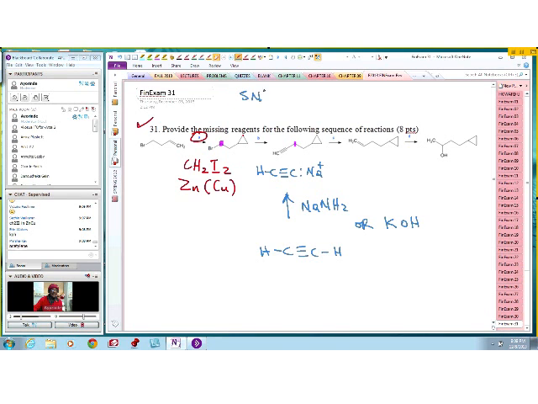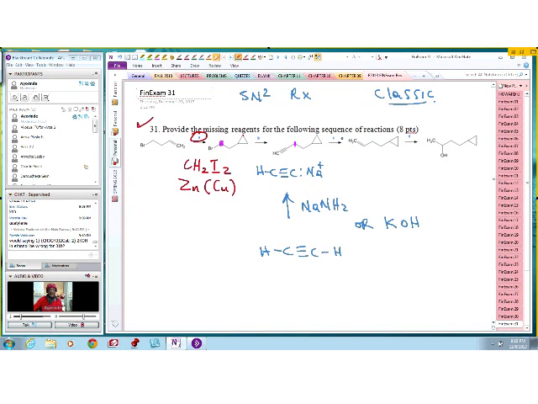So this will be an SN2 reaction, okay? Because keep in mind, for an SN2 reaction, your leaving group must be attached to a primary carbon atom or sometimes a secondary carbon atom. So this is a classic case of an SN2 reaction. Okay, so this is the reagent that you need right here.